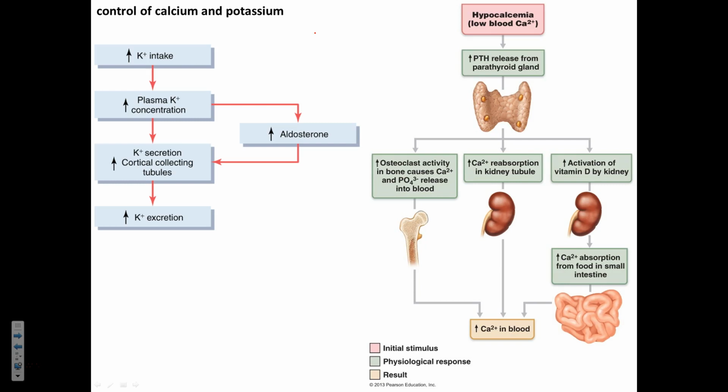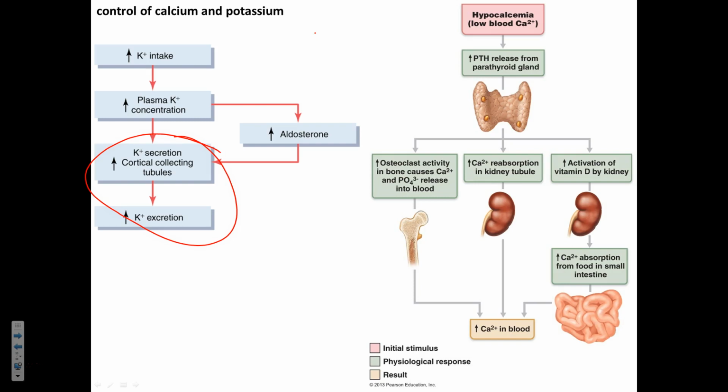It is achieved by 2 major mechanisms. One is the direct excretion of potassium. You eat a lot of potassium, it is filtered in the glomeruli, and it is excreted with urine. That makes sense.